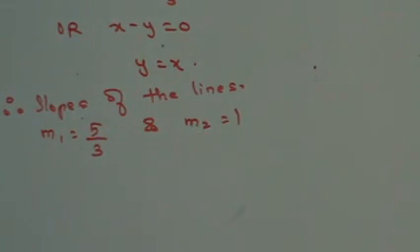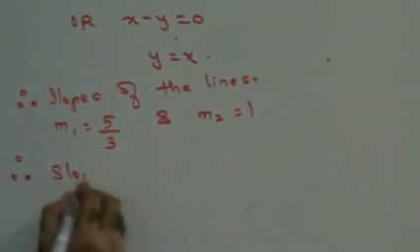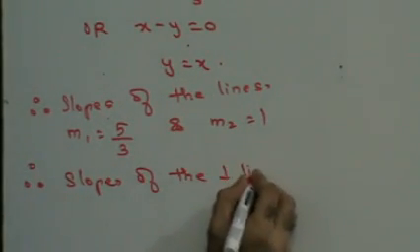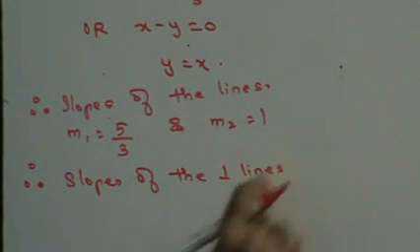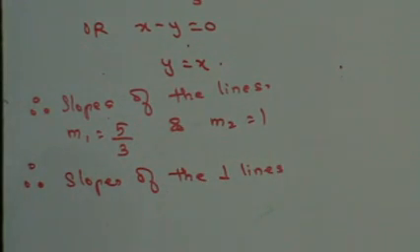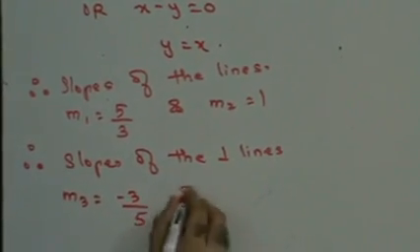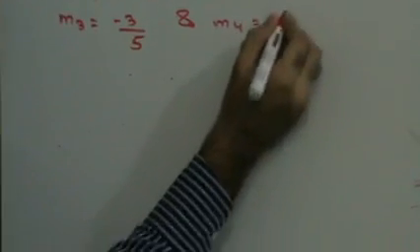I want to find out perpendicular lines, therefore slopes of the perpendicular lines are going to be m3. Perpendicular is negative reciprocal, so minus 3 by 5, and m4 is negative reciprocal, that is minus 1.